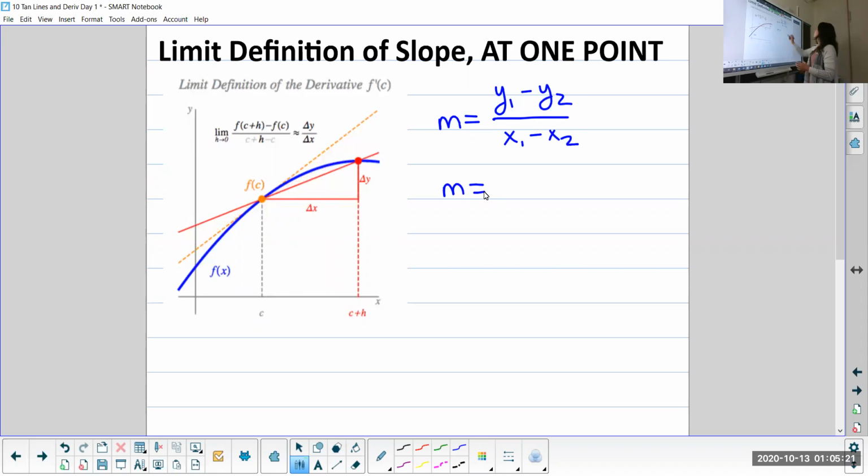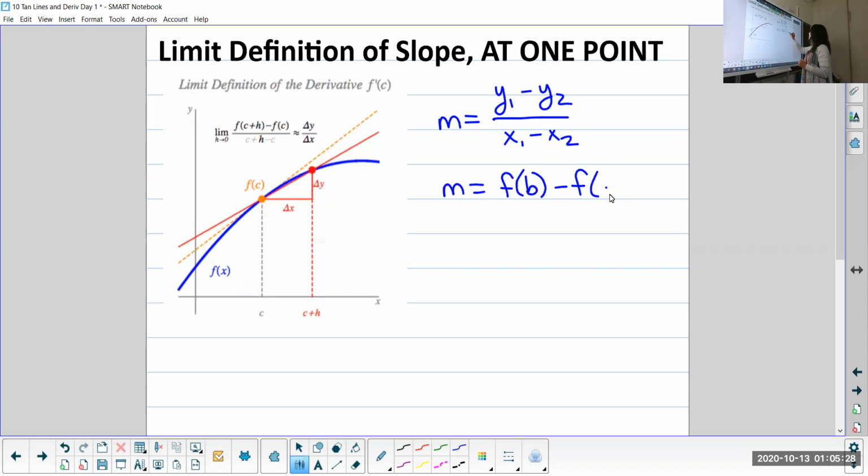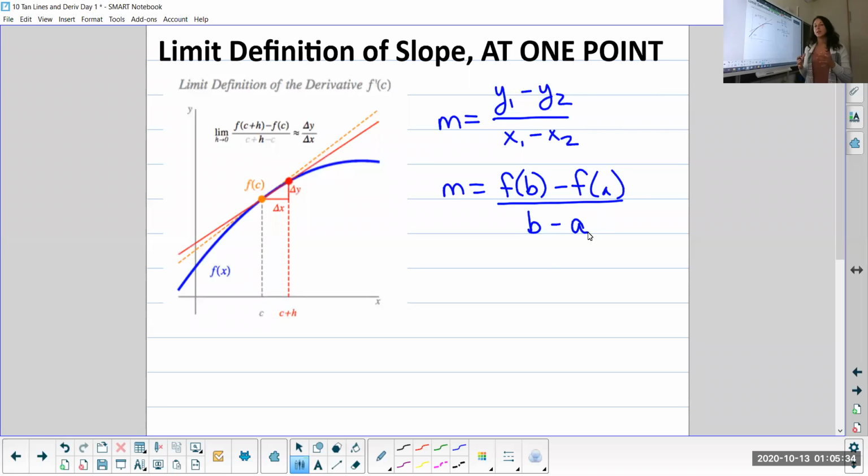We're going to rewrite this as f of b minus f of a over b minus a, because we are going to say these are 2 points, x equals a, x equals b, and the y values, y1 and y2, are f of b and f of a. So it's just rewritten in a slightly different way.